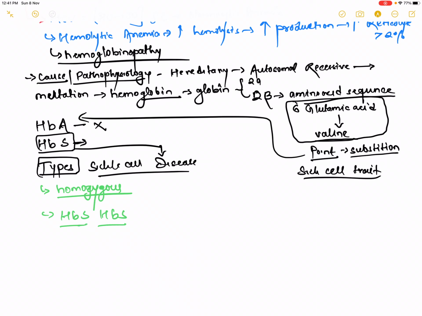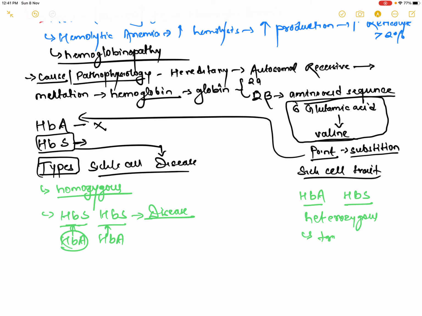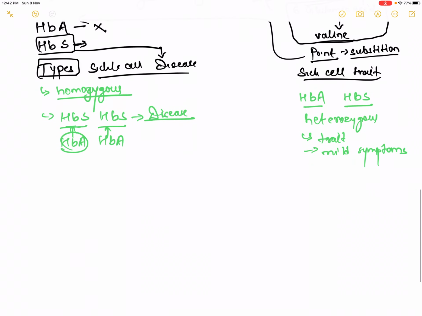Normally there are two alleles for normal hemoglobin, HbA and HbA. If both are mutated to HbS, then this individual is homozygous for HbS and will suffer from the disease. If only one is mutated, the individual is heterozygous and has sickle cell trait, with very mild symptoms. So these are the two types, the disease and the trait, based on HbS.